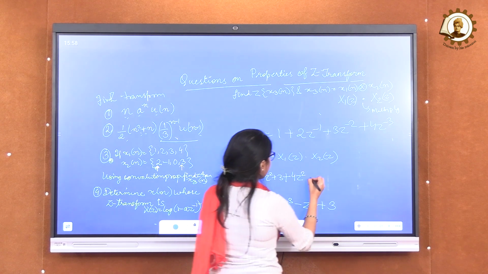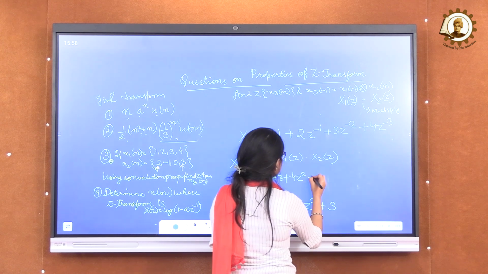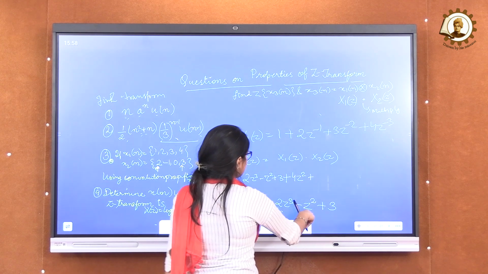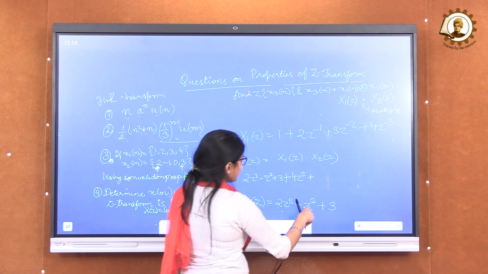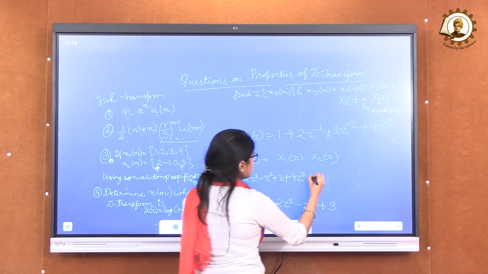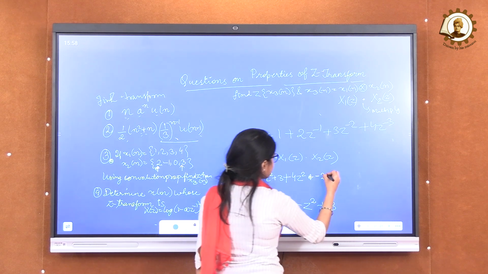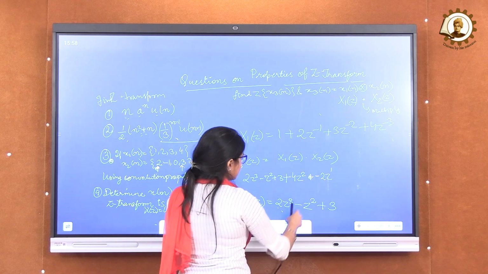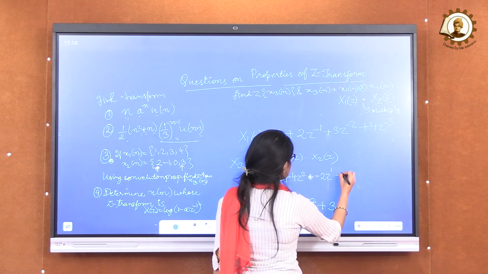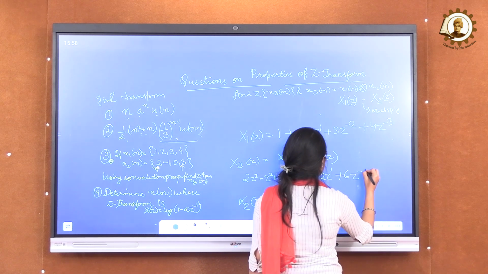That will give you 2. Then 2z to the power minus 1 multiplied with this one will give you minus 2z square, minus 1 that will give you z to the power 1. Then here again it is multiplied, then 6z to the power minus 1.